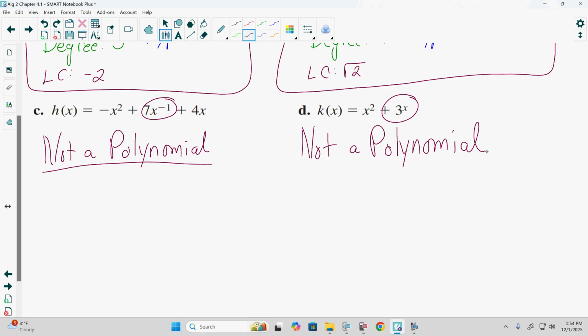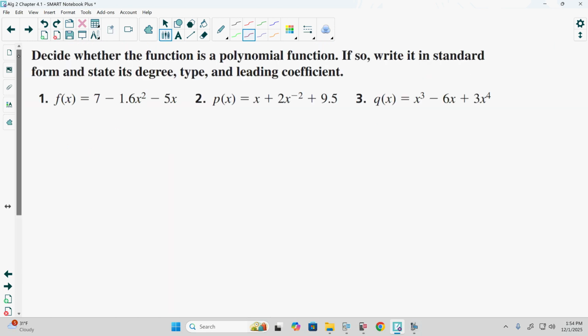That 3 to the x is actually an exponential function. So it's not going to be considered a polynomial function. Questions on A through D? Now, because it's not a polynomial function, we don't have to write it in standard form, state the degree, type, and leading coefficient, because it's not a polynomial.